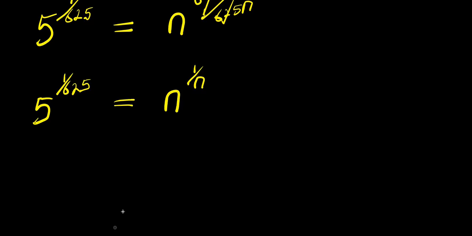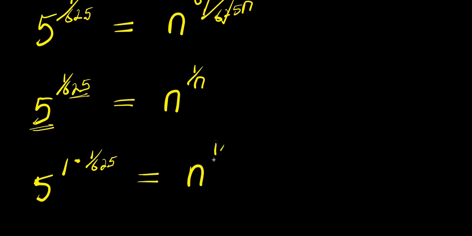Now what we can do is to ensure that the base here and this are the same. So I can have this as 5 power 1 times 1 over 6 to 5 equals n power 1 over n.